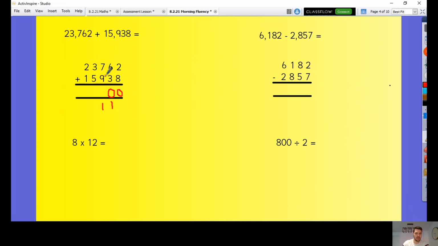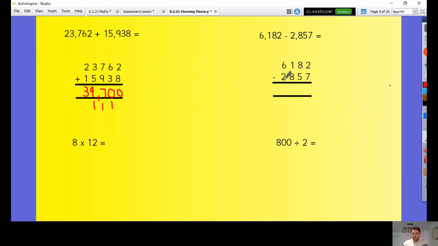Carry the 1. 7 plus 9 is 16, plus 1 is 17, so 7, carry the 1. 3 plus 5 is 8, plus 1 is 9, and 2 plus 1 is 3, so 39,700.